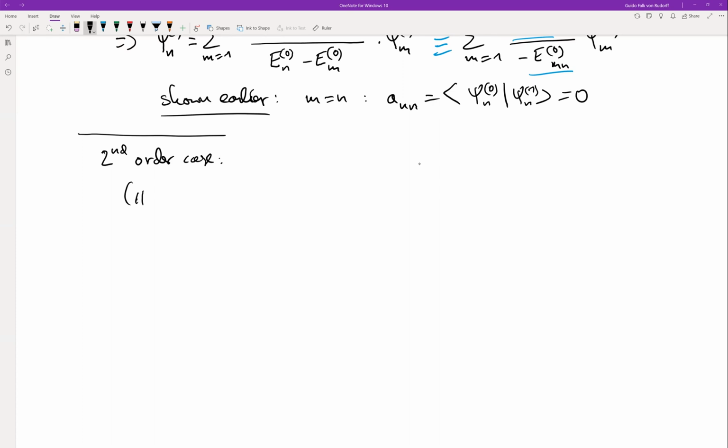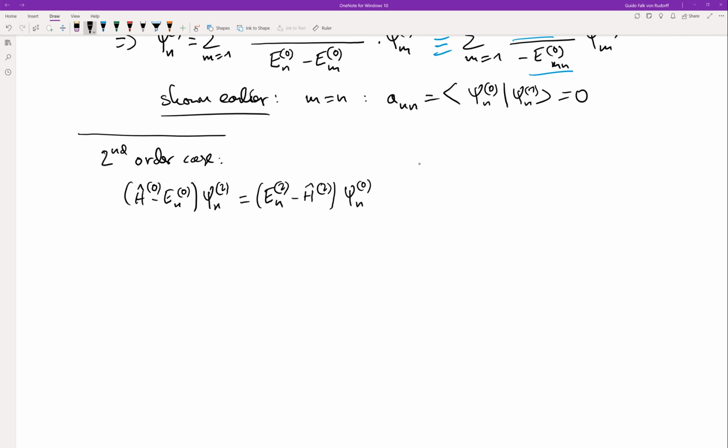So that was the unperturbed Hamiltonian minus the unperturbed energy times, keep in mind, the second perturbation of the wave function. Keep in mind, in every term, we need to be quadratic in lambda. That's why we have 0th order, second order here. And now we get the case where the second order is in the energies and the Hamiltonian.